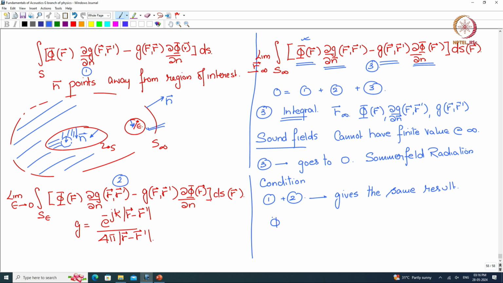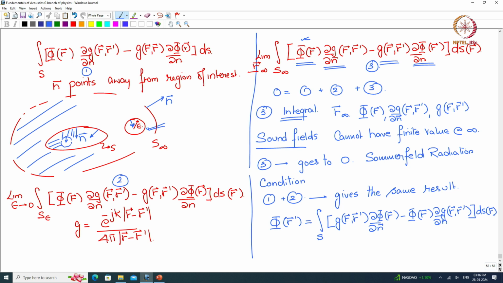The result is this: phi at r dash is equal to the integral over this surface, the same surface, of g del phi by del n minus phi del g by del n, dS of r.